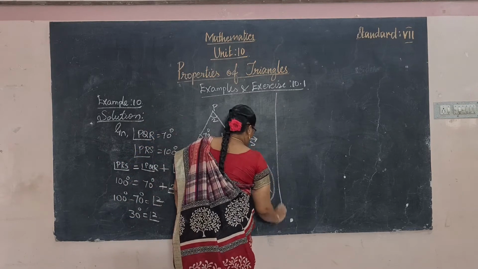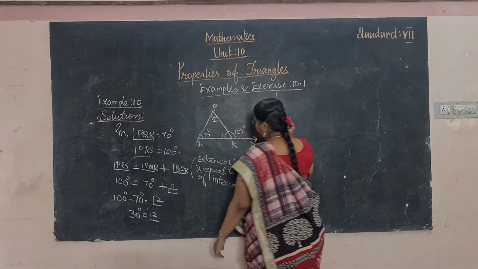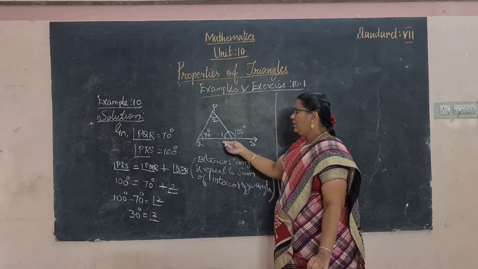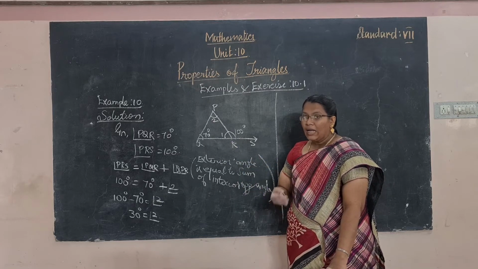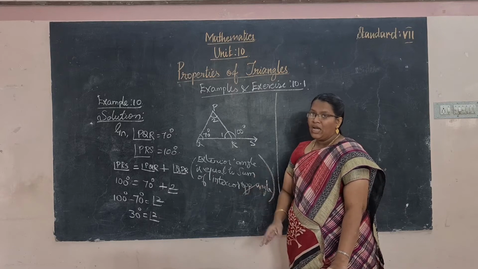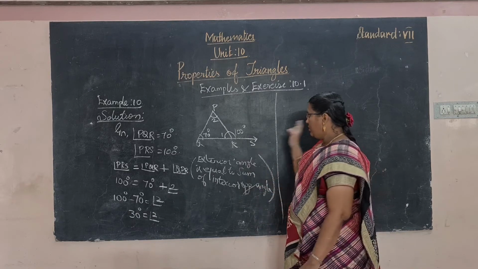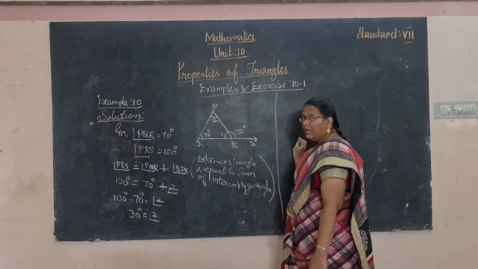I will use the linear pair here. In your book, both the angle sum property and the exterior property are given, because we have learned this chapter fully. You can use any one of the methods in the examination.